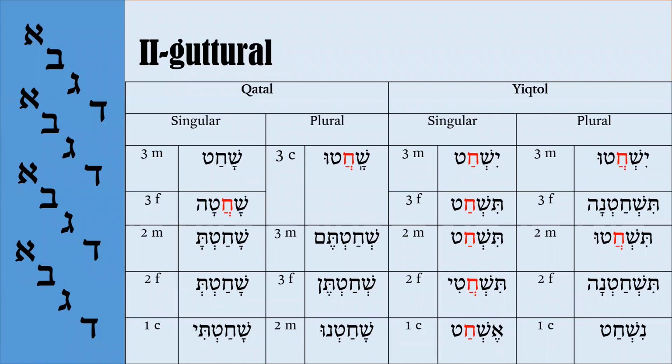It will take a compound sheva, and the thematic vowel in most of them will not be cholem, as in yiktol, but it will be patach: yishchat, tishchat, and so on and so forth. So these are the only changes that happen in the verbs with the second guttural. So is it clear so far?